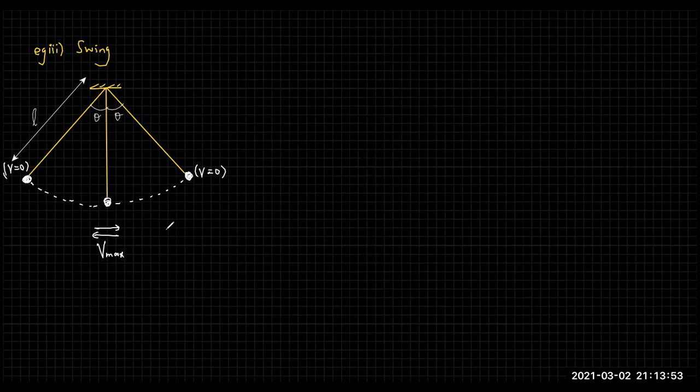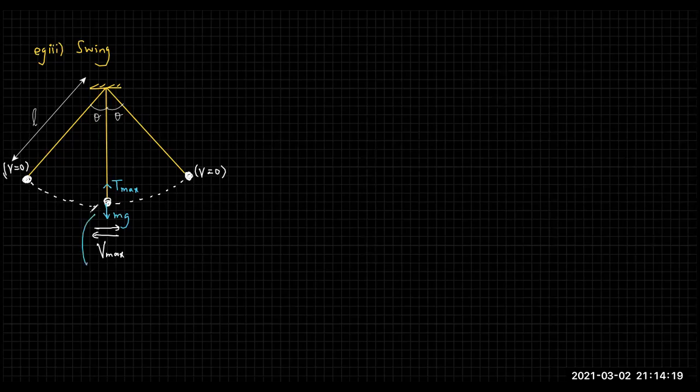At this point, we know it's moving either to the left or right at maximum velocity, and we know the tension is acting. There will be a tension here, T max, the maximum tension, and mg downwards, because the velocity is maximum.